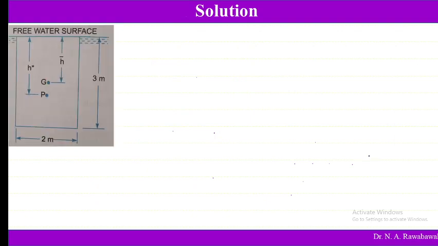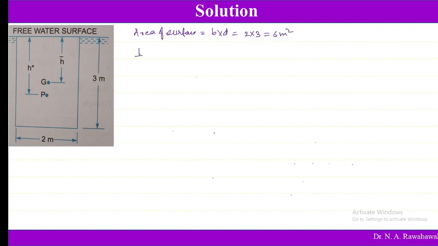So in the first case, first we will find out the area. Area of the surface is equal to B into D. B is known, that is 2 meters into 3 meters, which is equal to 6 meters square.